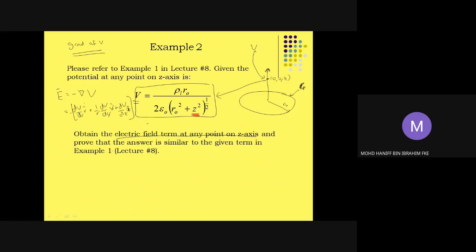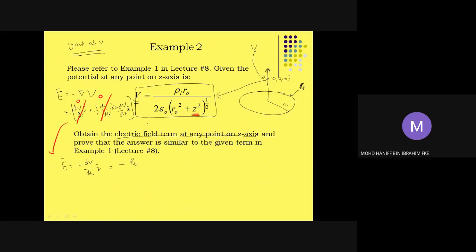So we can say that dV over dr is 0 and dV over d phi is also 0, because V has no such variable, so differentiation of V with respect to r and phi both lead to 0. We can then simplify our equation of E field to negative dV over dz, direction of z. So we can differentiate V with respect to z.